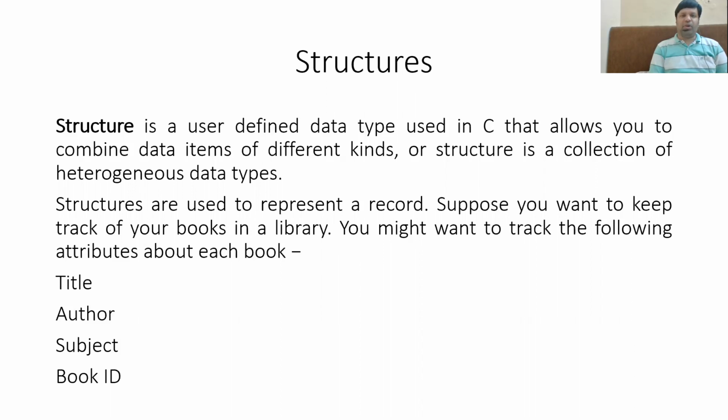But an array is not a good choice because these are of different data types. Hence, C programming provides you with a provision to create structures using which you can combine these four elements of different data types into one.